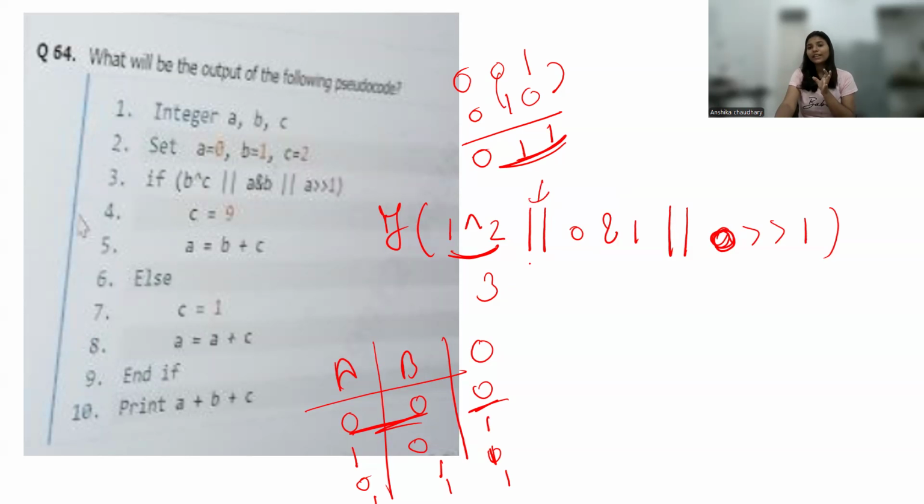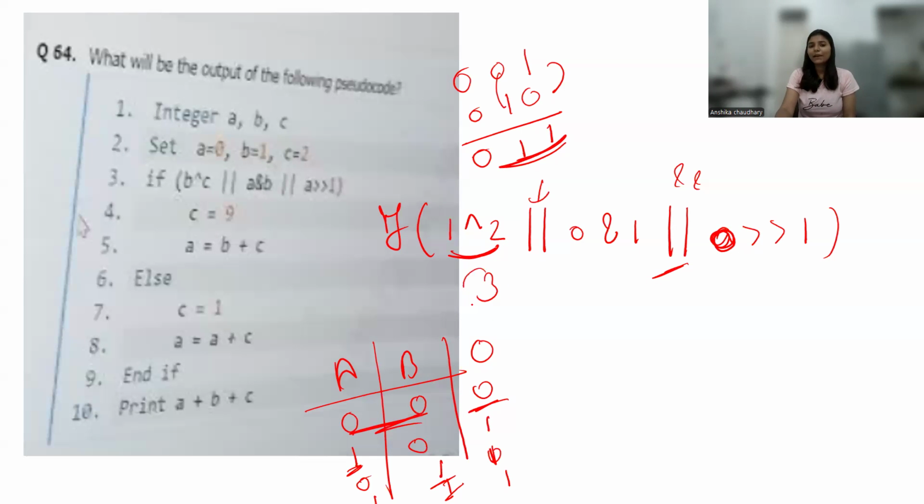In the logical OR case, we don't need to convert them into binary, right? We will deal with the integers only. So if it is 3, it will be considered a non-zero value, and every non-zero value is considered a truth value. We know that if we are dealing with logical OR, here also logical OR, if it were AND we would check further, but as both are logical OR and we are getting at least one truth value, the whole will be true, because for making it true, at least one should be there.